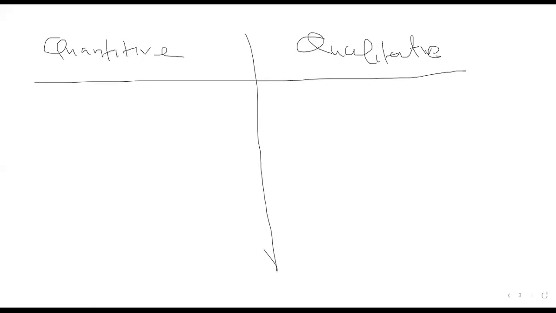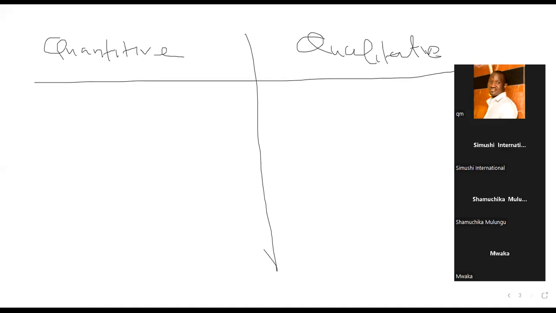Whenever we're dealing with quantitative data, we're simply looking at the measures of values or counts that can be expressed in numbers. So these are measurable variables, okay?